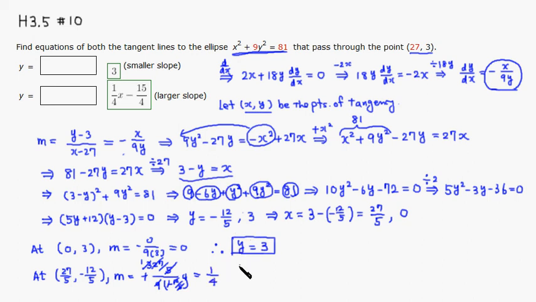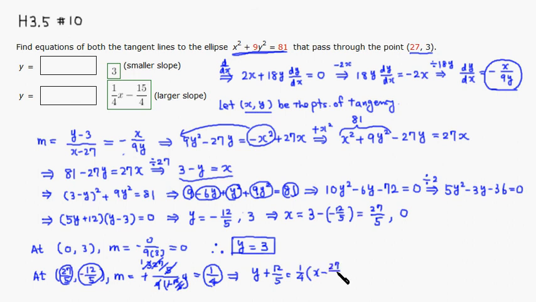So if you want to write the equation, the equation is going to be y minus y1, which is this guy. So it's going to be y plus 12 over 5 is equal to 1/4 times, so that's the slope m right here, x minus x1, which is 27 over 5.